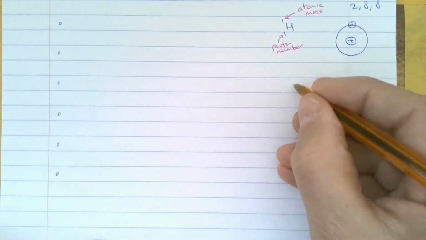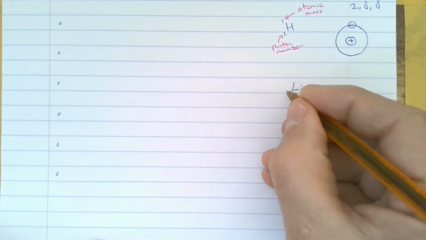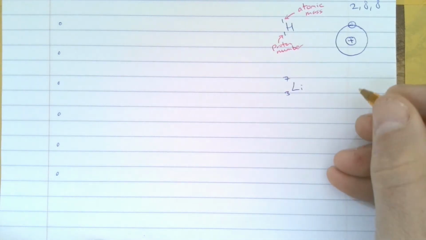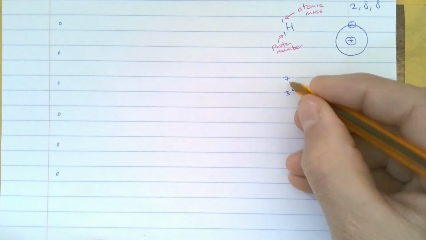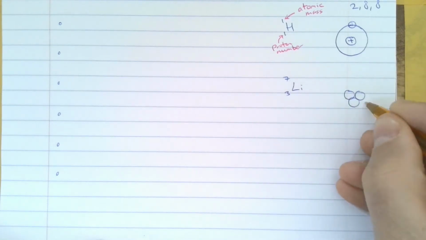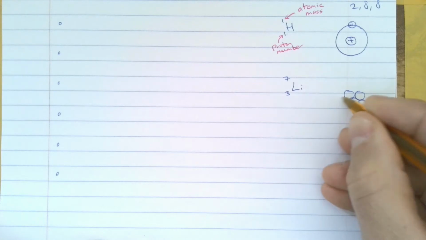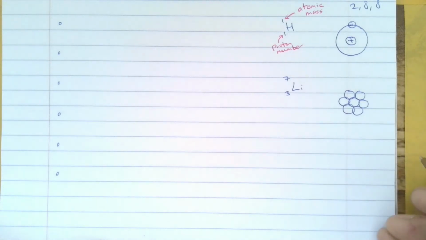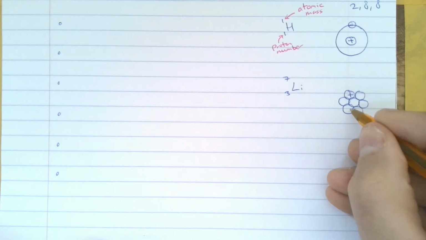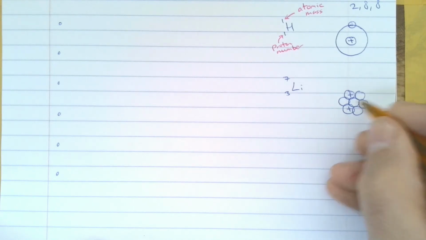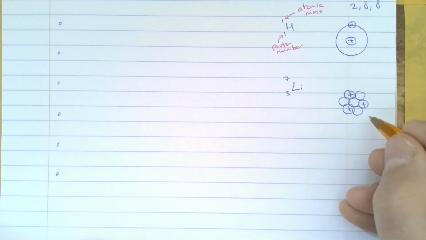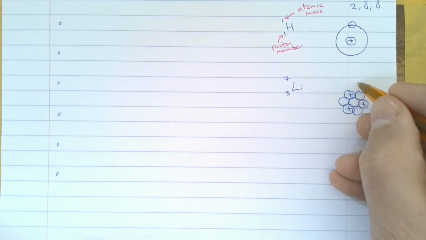The next one I've got is lithium, and lithium has a 3 there and a 7, and I know that this tells me it's got 7 things inside the nucleus, so 1, 2, 3, 4, 5, 6, 7. 7 different things, of which 3 of them are protons, which means the others must be neutrons. I'm just going to leave those without anything in. It's got 3 protons, so it must have 3 electrons.